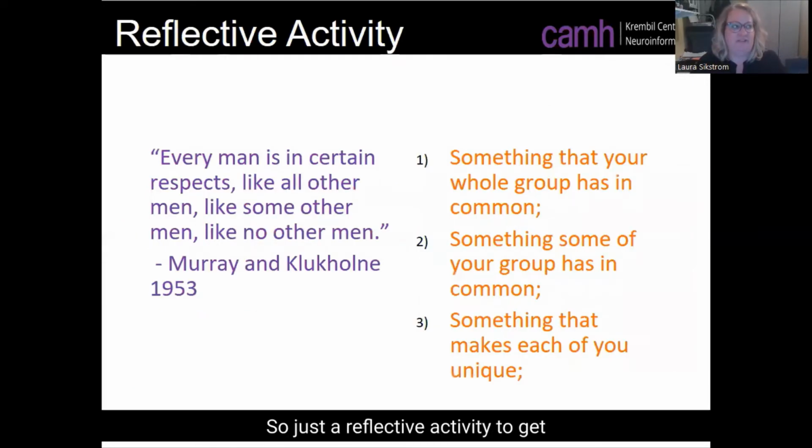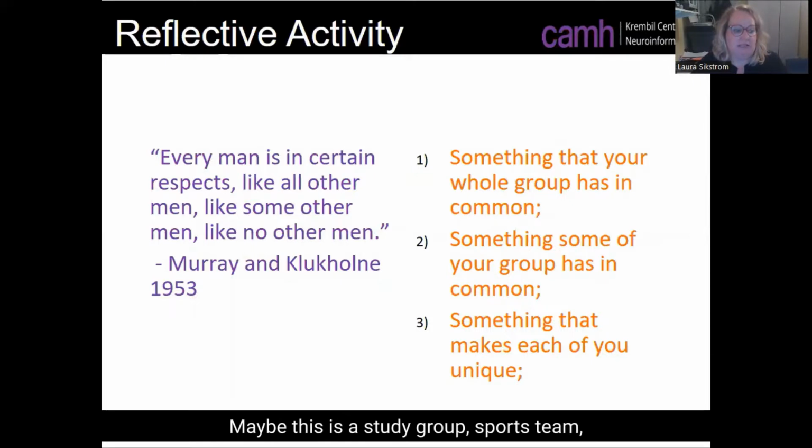So here is a reflective activity to get us thinking about what are meaningful comparisons. I just want us to think about how every man is in certain respects like all other men, like some other men, and like no other men. So maybe take a moment to think about a group that you might belong to.